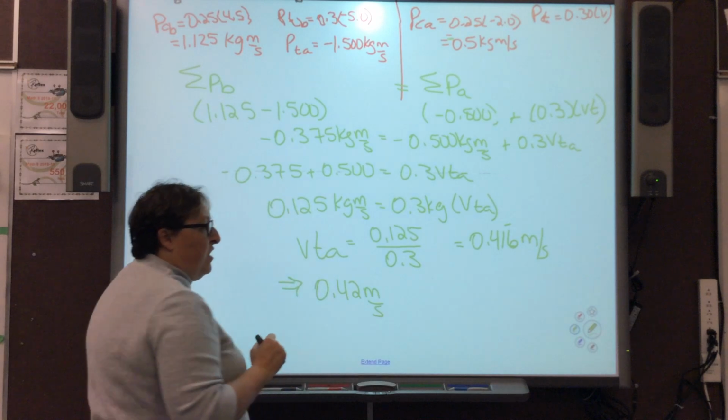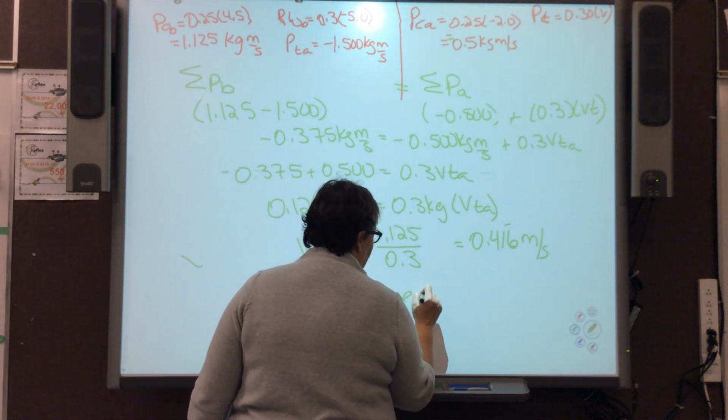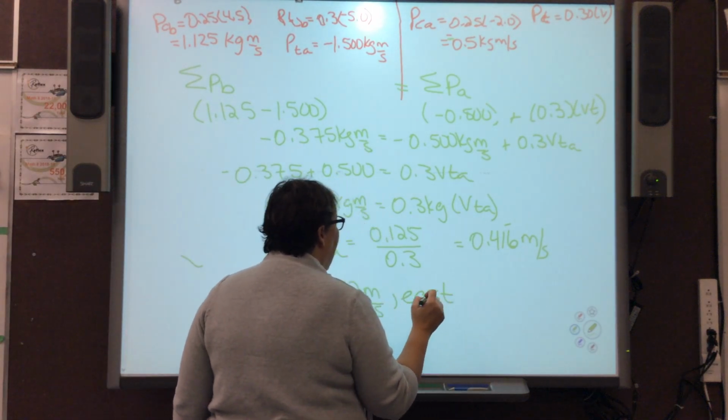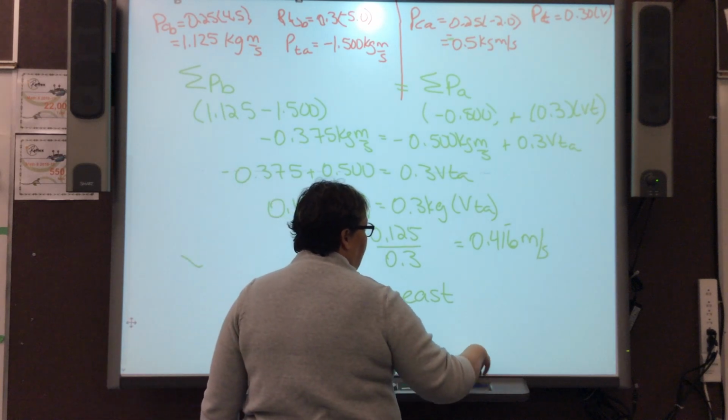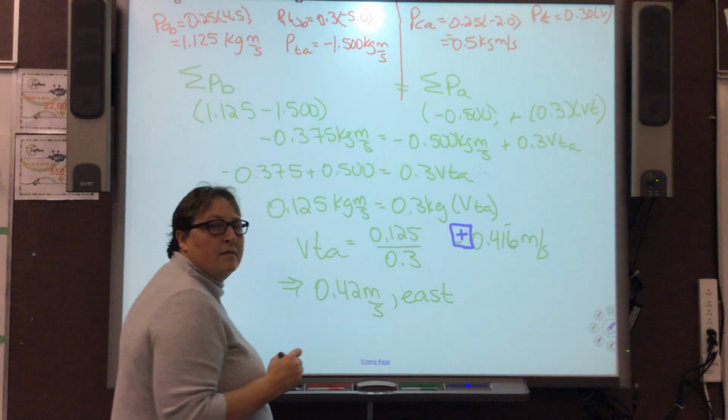But it asked us for velocity, so what's the other piece of information? The direction. Right, and we're looking at it from the truck, at 180, because this answer here is positive.